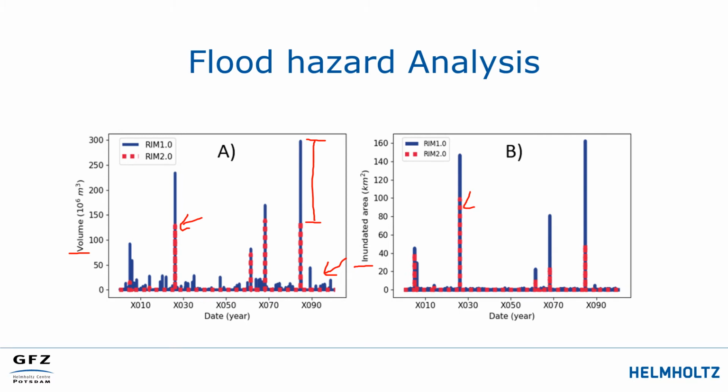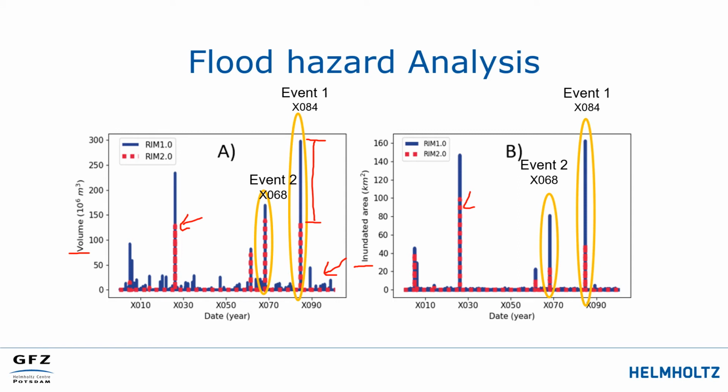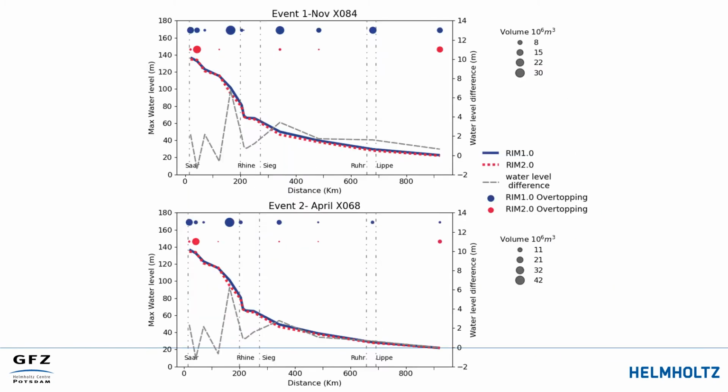And to analyze the difference between the overtopping results from both models, we can take a look at the highest flood events along the Moselle River and the downstream part of the Rhine. The left y-axis shows the maximum simulated water level by both models at each location along the river, and the right y-axis shows the difference between simulated water levels by both models, and the overtopping size is represented by the size of the bubble in million cubic meters.